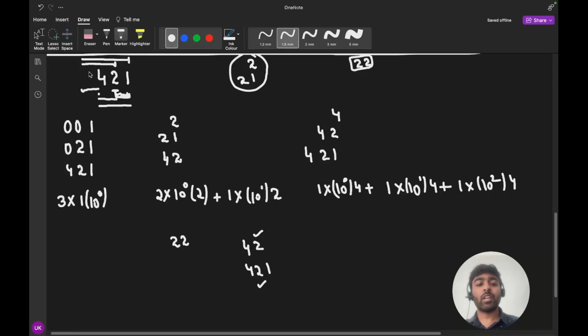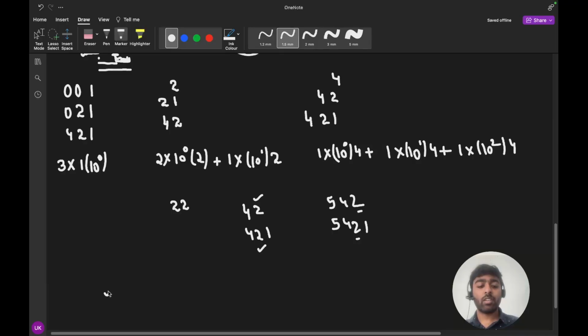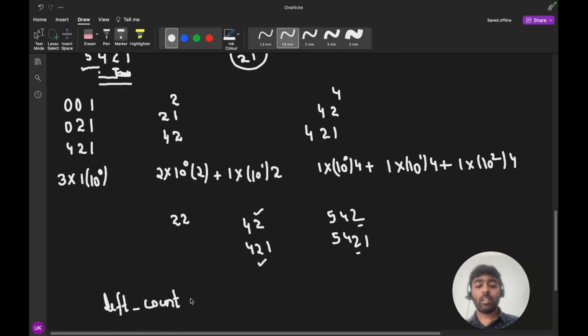Let's suppose there was 5 in front of it, so it was 5 4 2, 5 4 2 1. So once at the 0 place, once at the tens place. So the number of elements we have on the left, count, into what? Once at the 0 place, once at the tens place, means 22.